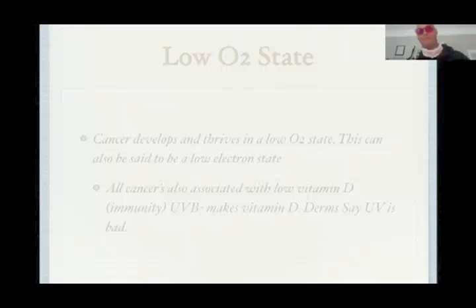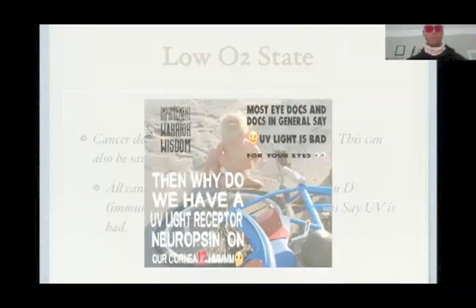UVB light makes vitamin D, and most dermatologists will tell you that UV light is bad. Kind of an oxymoron there. And most eye docs and docs in general say UV light is bad for your eyes. Then why do we have a UV light receptor, a neuropsin, on our cornea?